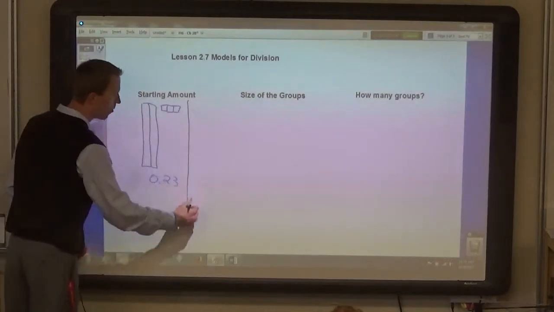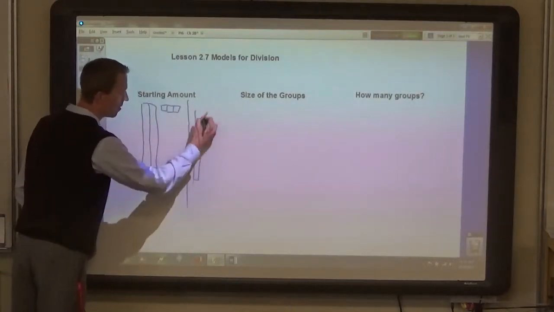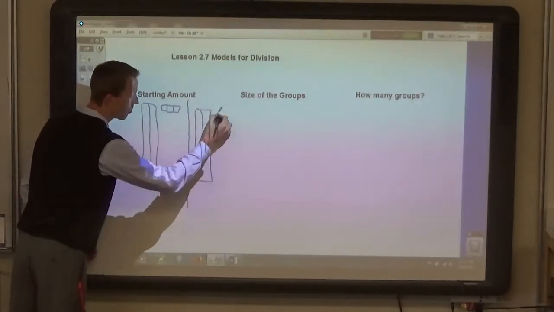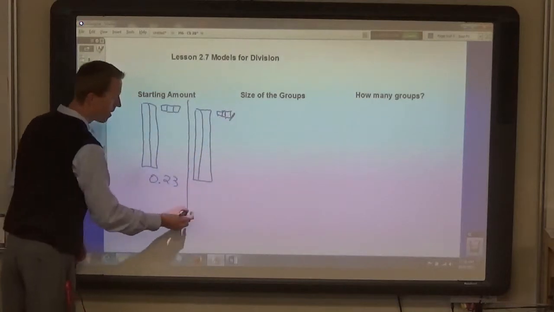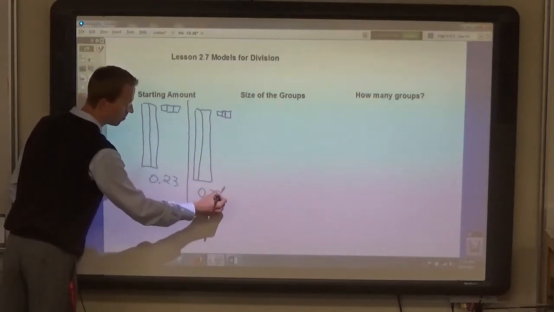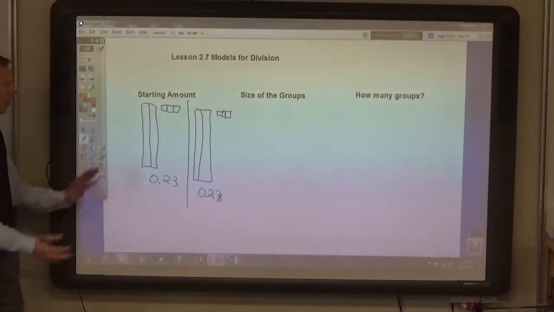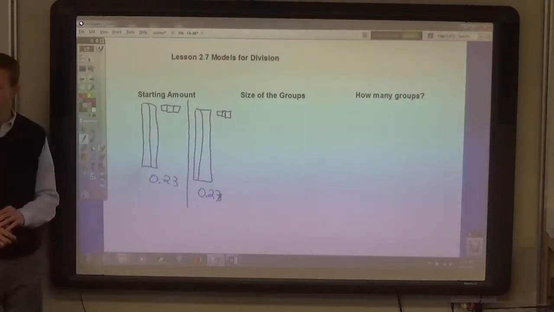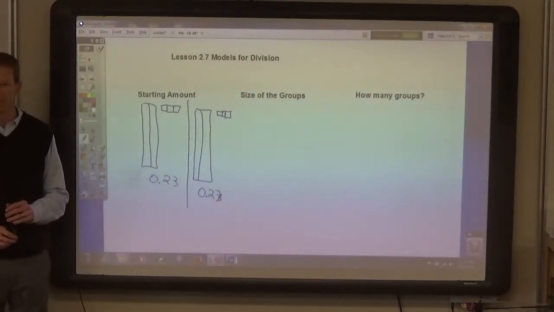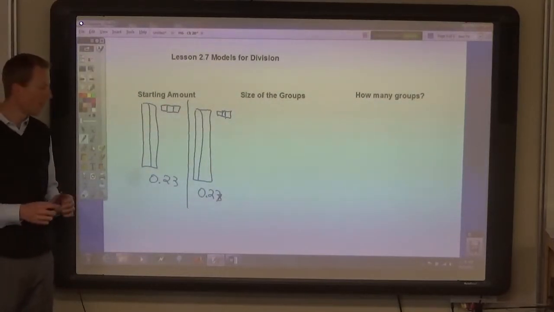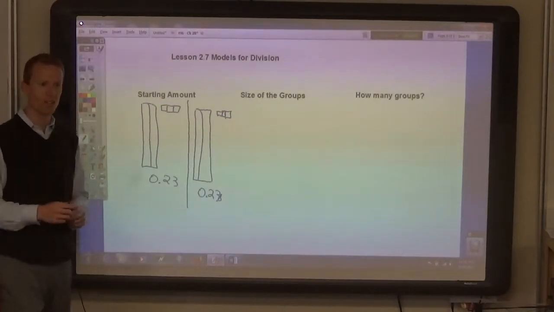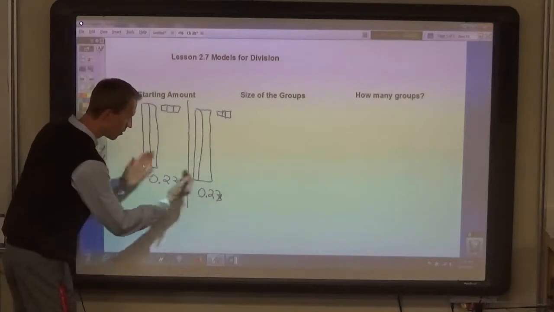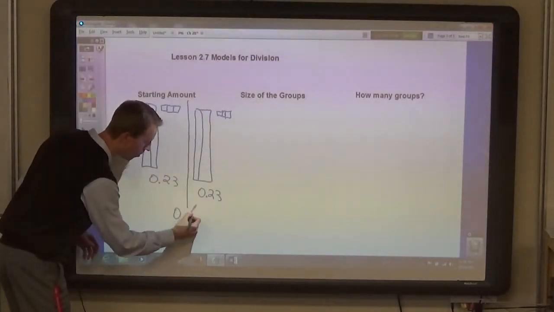And there's another group of 0.23. So what is the starting amount? The starting amount is both together. 0.46. Yeah, the two amounts add together, 0.46.